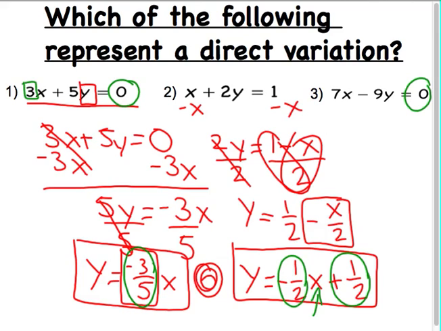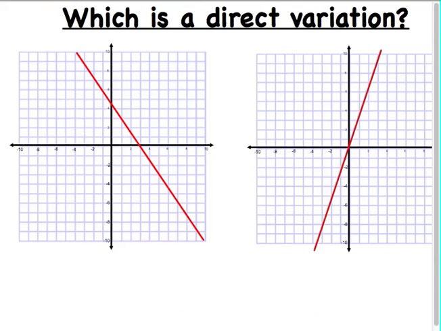So using that same logic, my constant of variation for the other one is going to be positive 7 over 9. You are correct. See, finding patterns and trends, Mr. Hale. You taught me that.